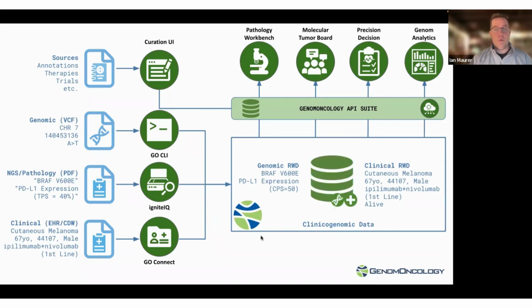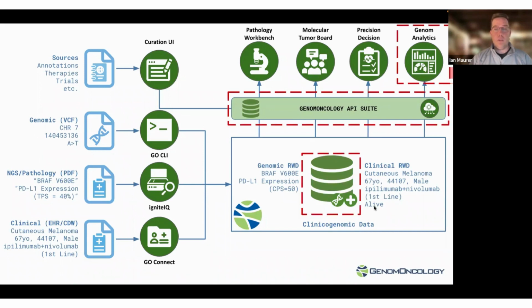And this is all stored within the GenomOncology data architecture. But wouldn't it be cool if our clients could actually bring their own database, right? Not have to load things into GenomOncology, still take advantage of that capability of our knowledge suite, our API suite, but then also use whatever analytics tools that they have. So whether it's Tableau or Power BI or some of the other tools that are available.